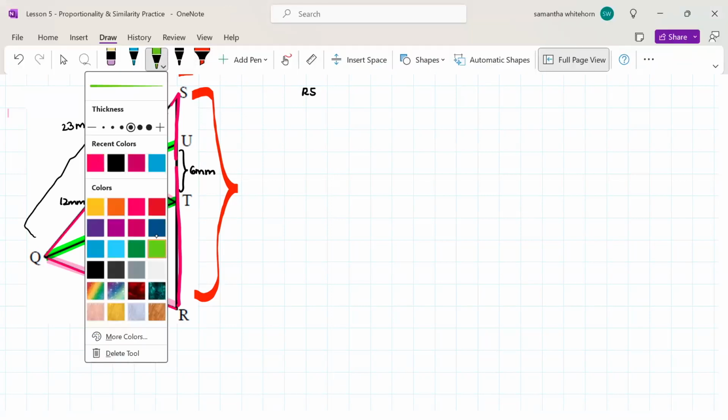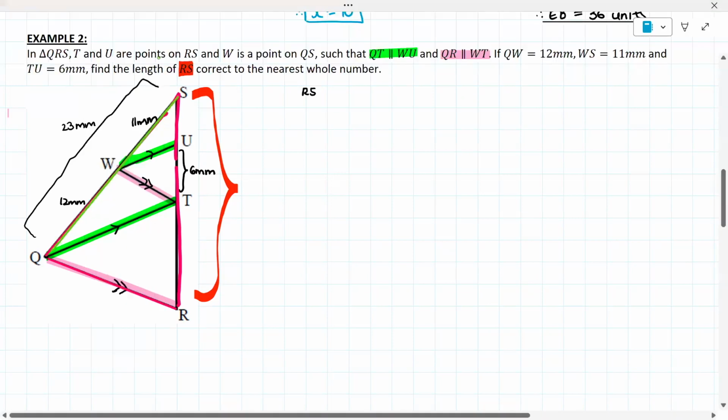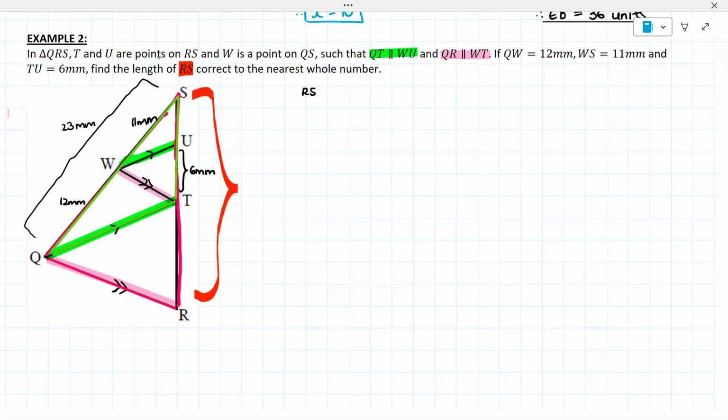The reason that's important is because we must be mindful of what side lengths actually exist in my triangles. SR, the side length I'm wanting to find, only exists in the big triangle QSR. So when I look for my ratio, I must bear that in mind.